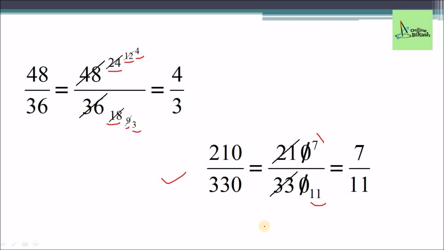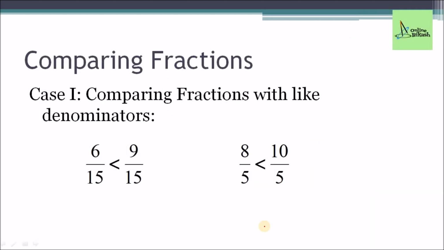Understood? Now comparing fractions. Comparing fractions with like denominators. When fractions have the same denominator, we say they have like denominators. Like denominator means when two or more fractions have the same denominators. In this case you see 6 by 15 and 9 by 15.